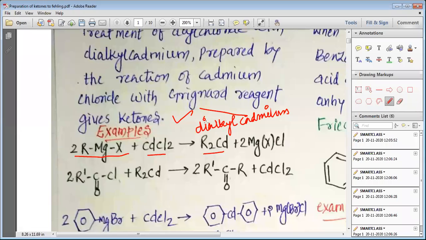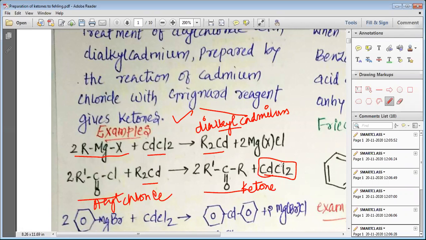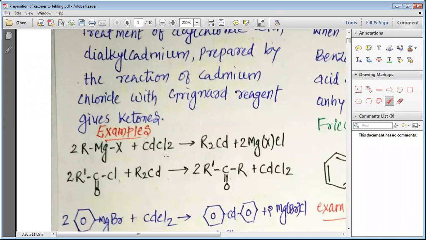This dialkyl cadmium undergoes the reaction with the acyl chloride, and as it undergoes the reaction with the acyl chloride, it gives us the ketone. And the cadmium dichloride is obtained in the same form, and that is why we can say that CdCl2 behaves as a catalyst over here.